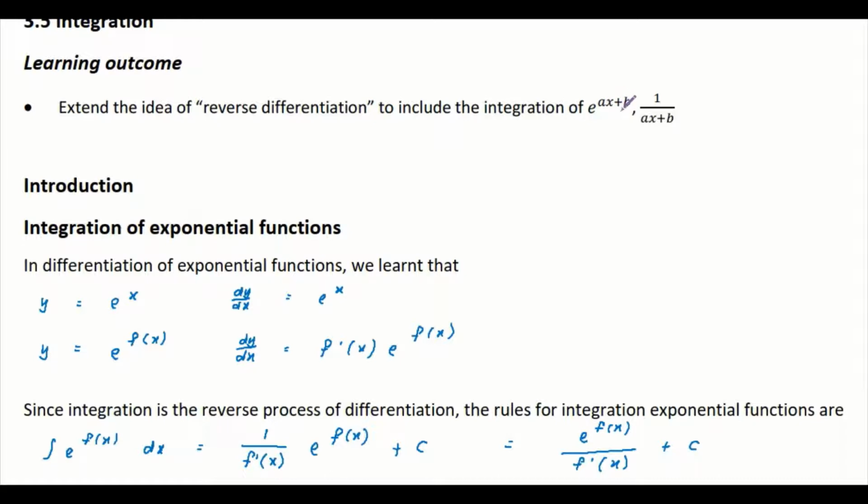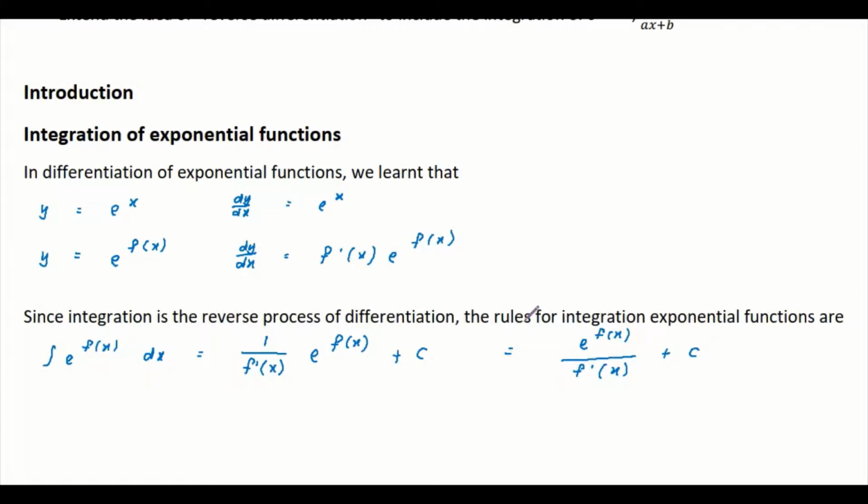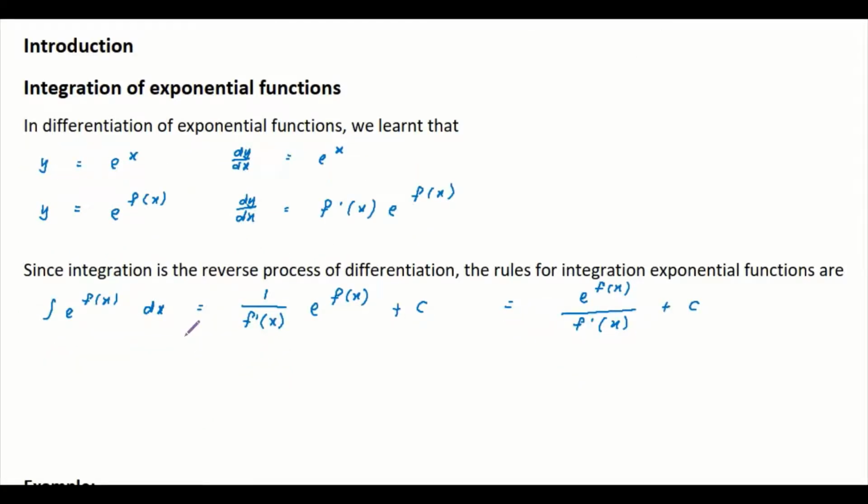Maybe when you memorize ax plus b, what if you get x squared plus 4 and so on? This one is a general idea which you can use in all different functions.